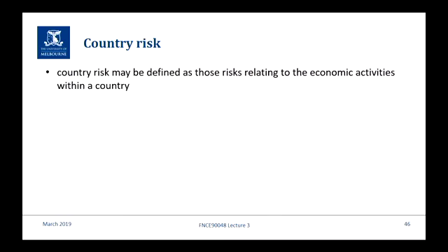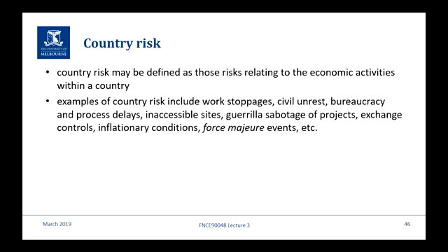So country risk is those risks associated with going into another country and just doing your day-to-day business, or even construction as well. So things like work stoppages, civil unrest, so you're in a country where there's a fair bit of tension, bureaucracy, process delays, inaccessible sites I spoke of, guerrilla sabotage, in some countries that happens.